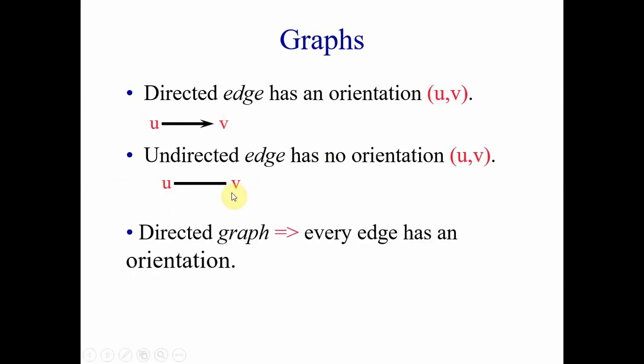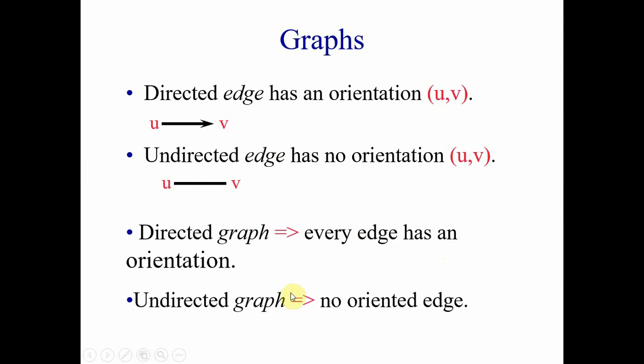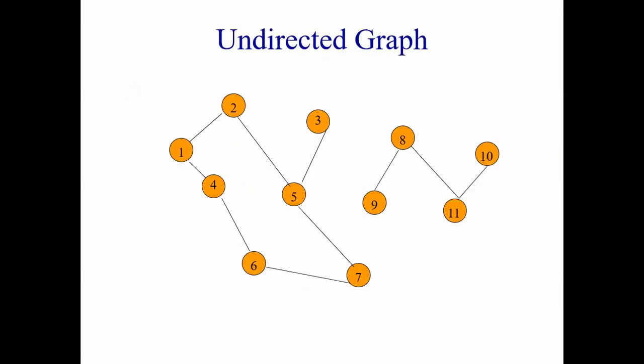How about the graph? We also have directed or undirected. For a directed graph, every edge has an orientation. For an undirected graph, there are no oriented edges at all. That is, all edges are undirected. The following example shows you the undirected graph, with no arrows on any of the edges.